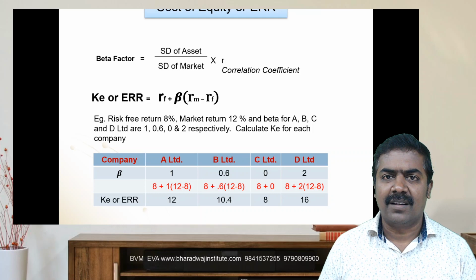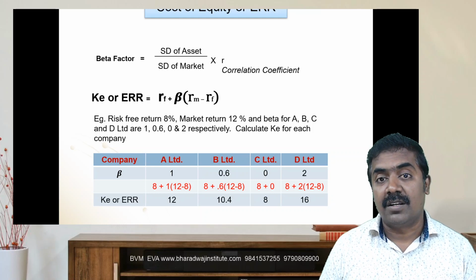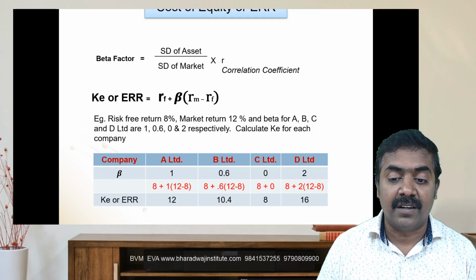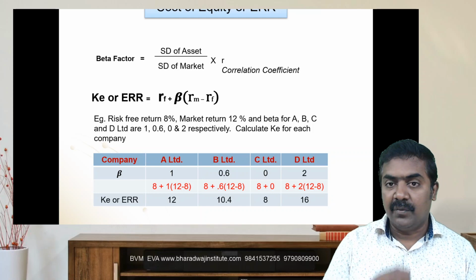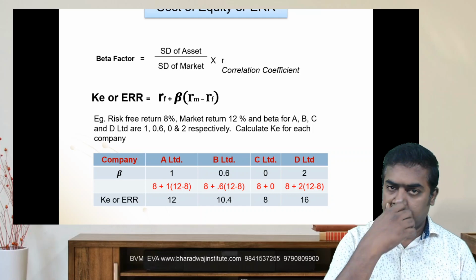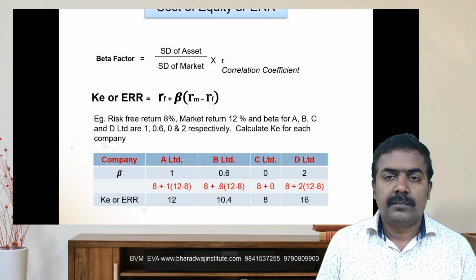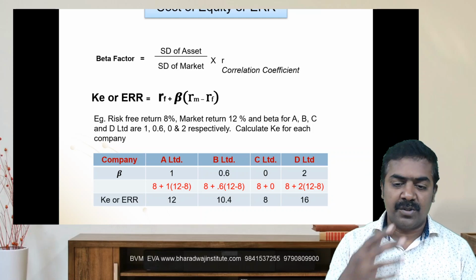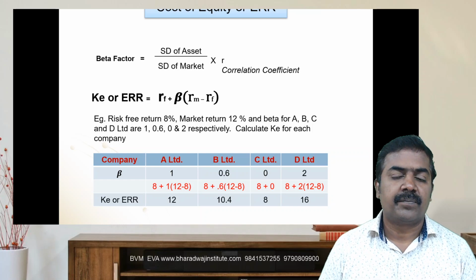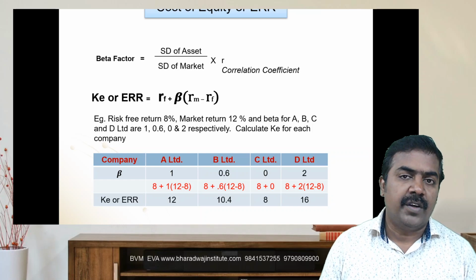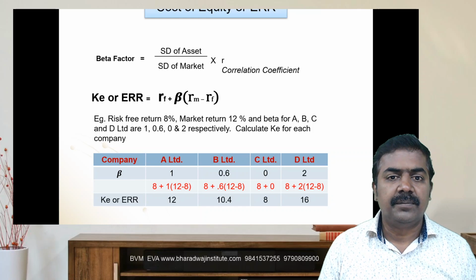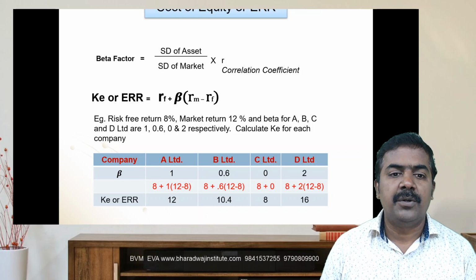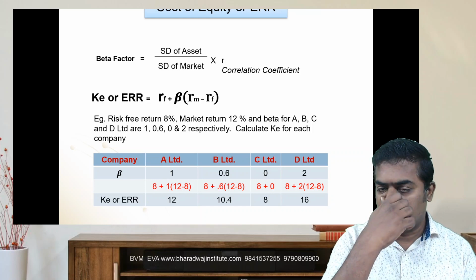That is what we expect. Actual returns may be different, but this is what we expect. So just copy this, then we will proceed. We understood how to calculate cost of capital using this capital asset pricing model also.